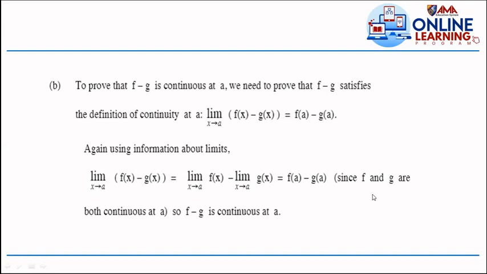So since f and g are both continuous at a, f minus g is continuous at a. So always justify that the value using your limit should be the same as the function's value. Okay? For them to be continuous.